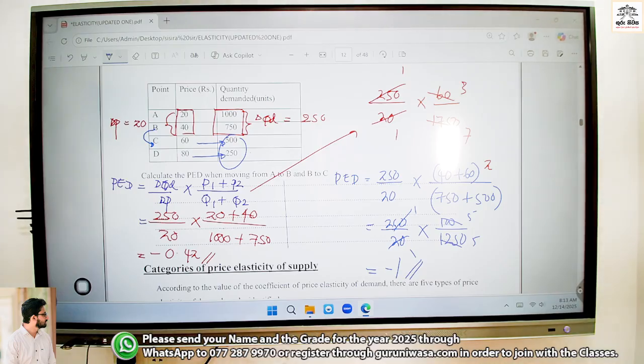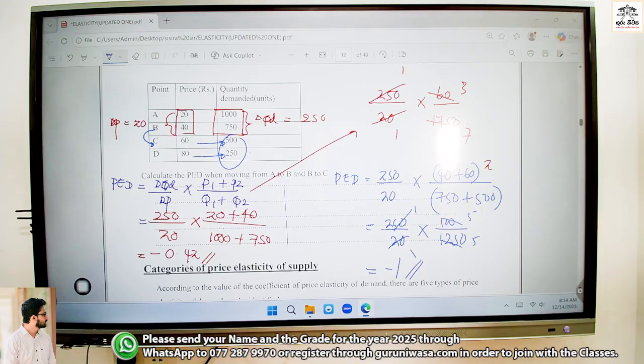Okay, then arc price elasticity of demand is done. Most of the time this arc comes as an MCQ. The question asks whether it is arc price or point price. Most of the time arc price elasticity is asked as: calculate the price elasticity between two prices, say 20 and 30.